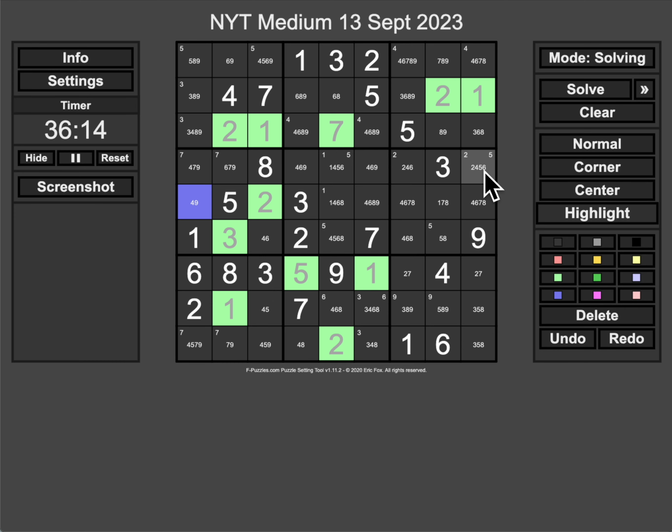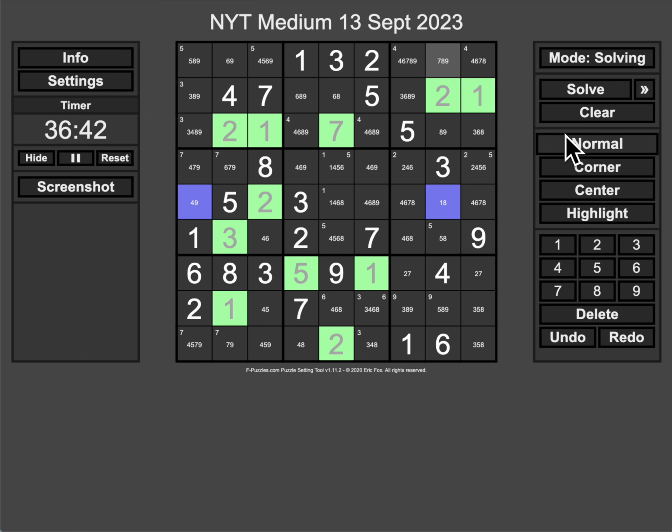I want to get this down to 2 or 5 because I already have a 2 or a 5 in corner marking. Now, it feels like this probably won't be 7 either. That would make this an X-wing on 7s. So I'm going to make an assumption that that's not 7.